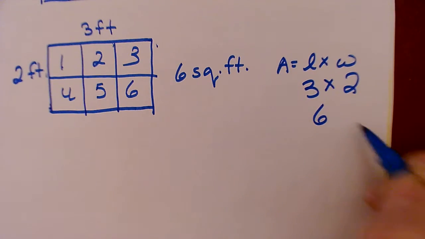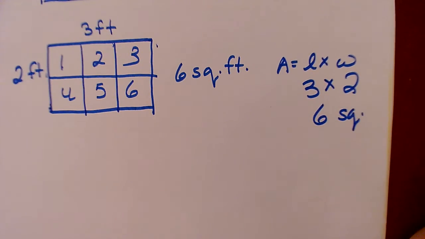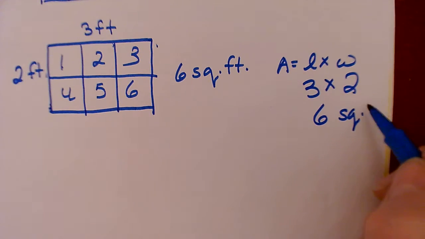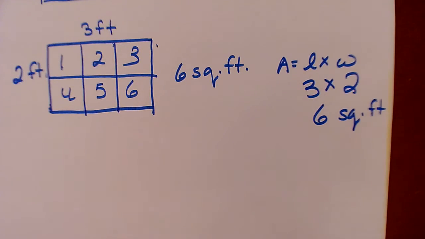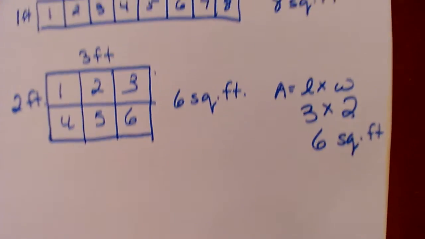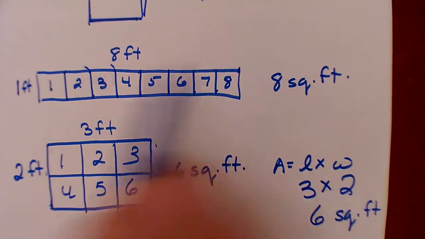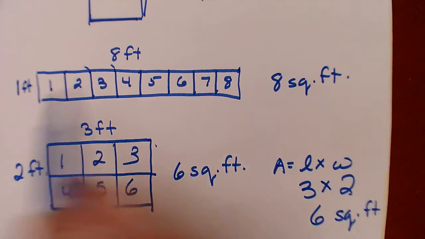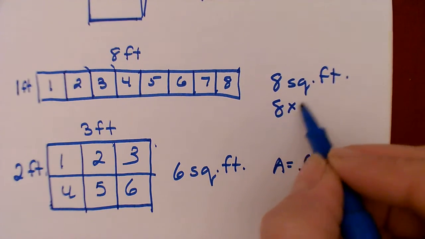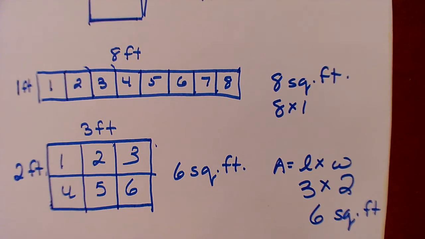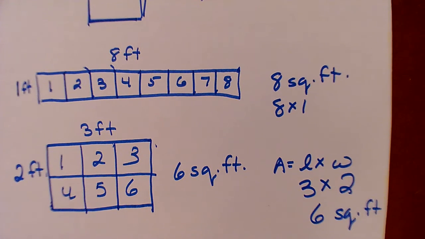And again, it would be 6 squares, and if we know what they are, 6 square feet. Otherwise, it's just 6 square units. The same thing I could have done for the runner, where I knew that it was 8 long and 1 wide, so I could have said 8 times 1. Same thing. So that's a basic introduction to area, and just kind of reminding you of things that you've learned in the past.